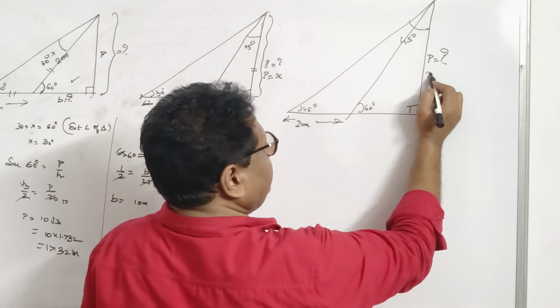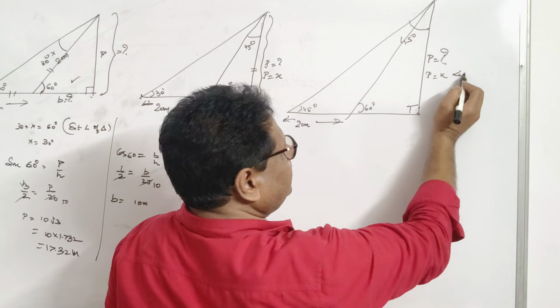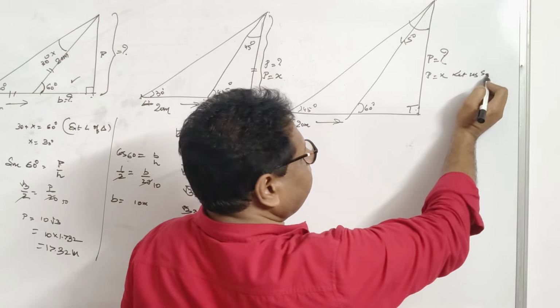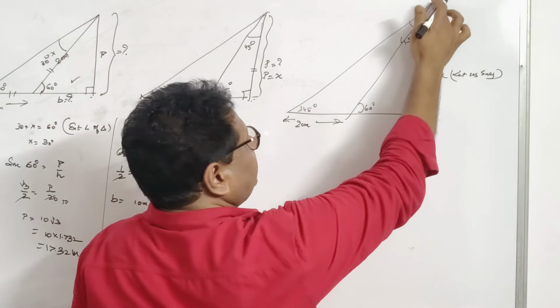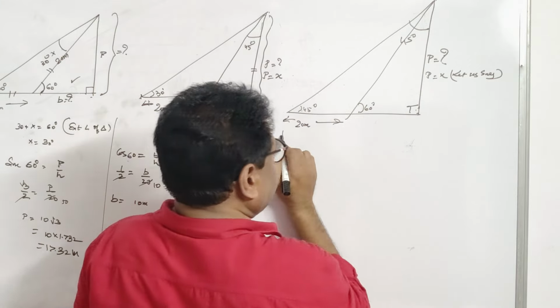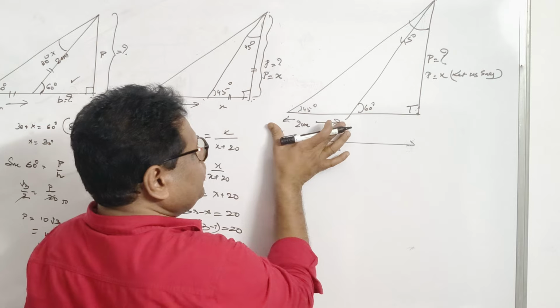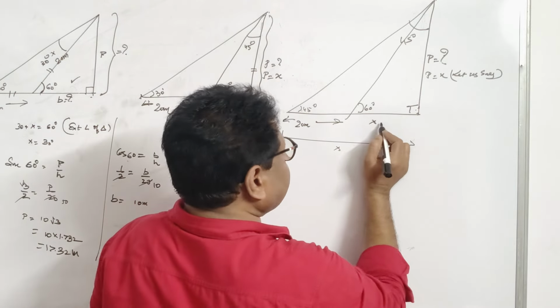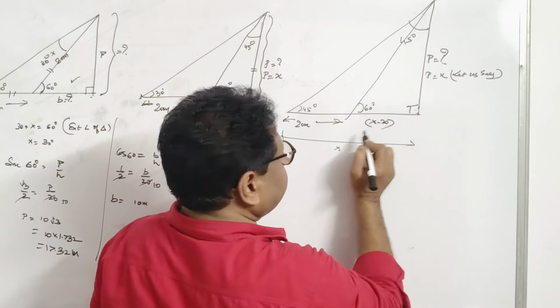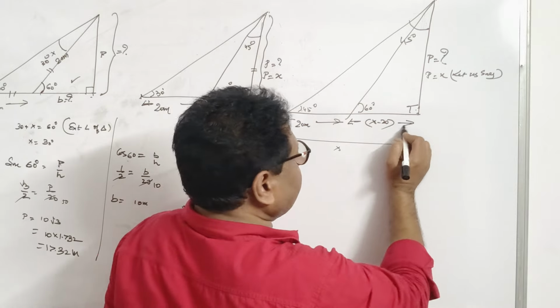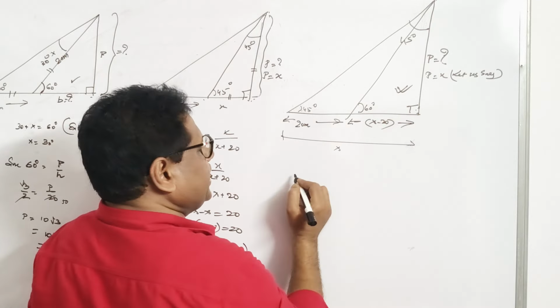So if you assume P as x, then if this is x, this is also x from here to here. So if this is x, this is 20, then this will be x minus 20, from here to here. Now you have to focus on this triangle.